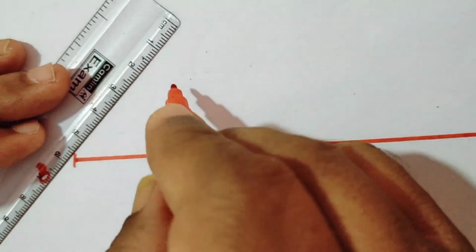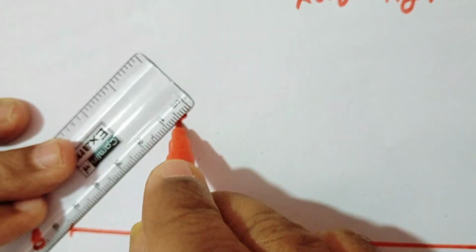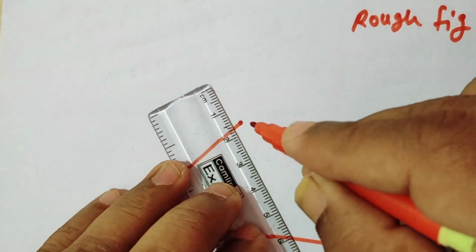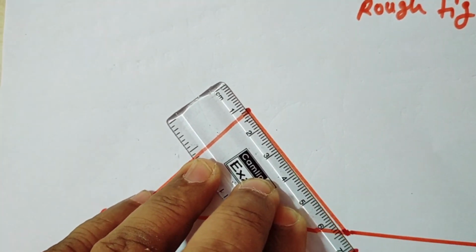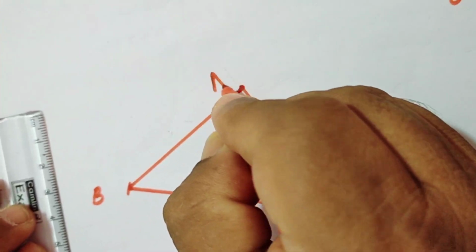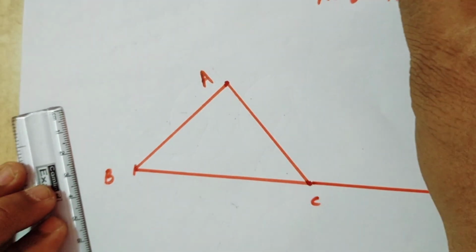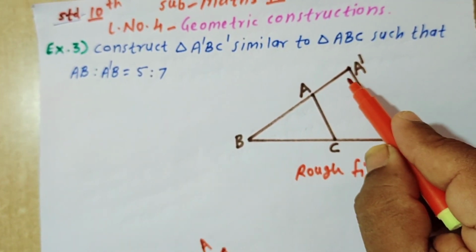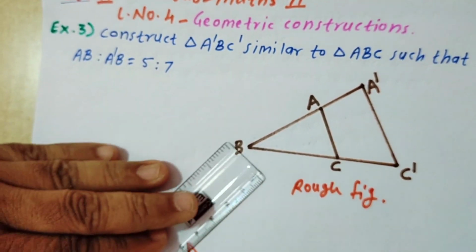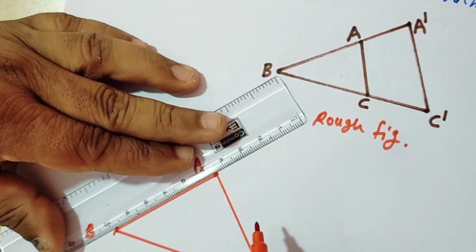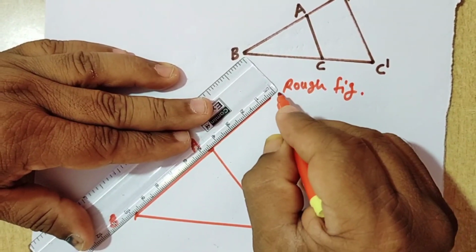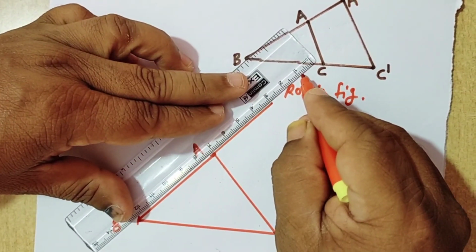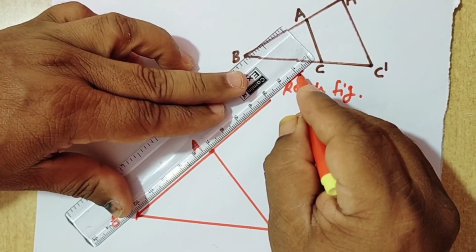Then without any measure I am drawing triangle ABC here. Again here you see A' is going outside of A, that's why I have to extend this side AB. I am extending it like this. As per our need we can extend it.